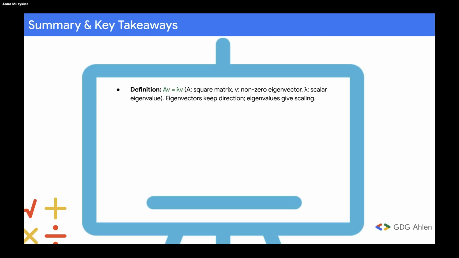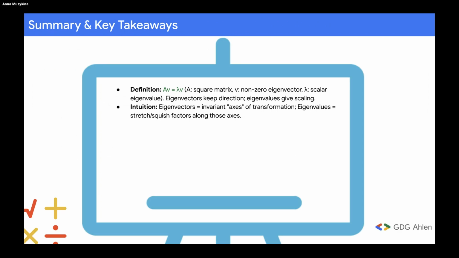Let's quickly recap the main points from today. We defined eigenvectors v as non-zero vectors whose direction is unchanged by matrix A, and eigenvalues lambda as the scalar factors by which they are scaled, related by A times v equals lambda times v.